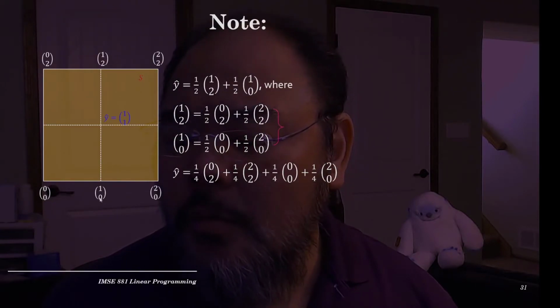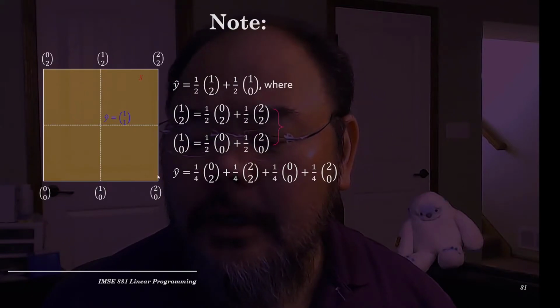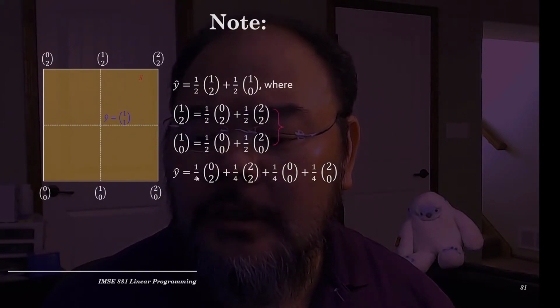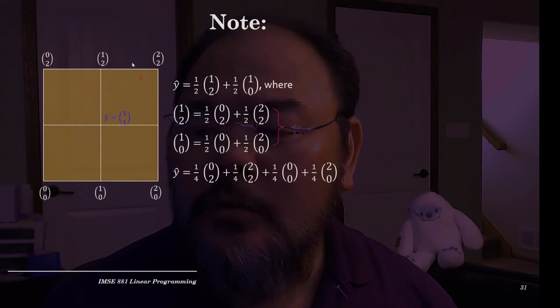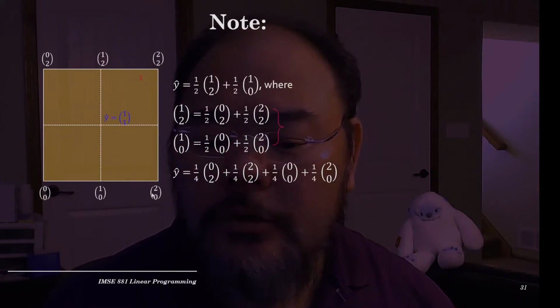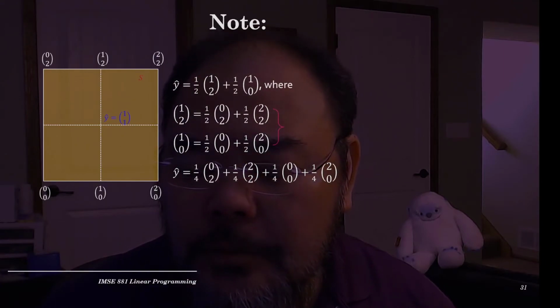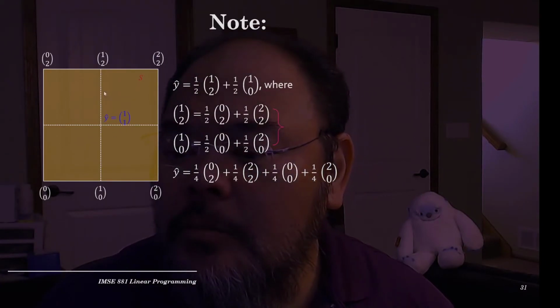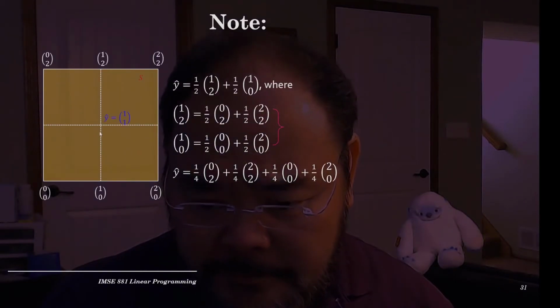Same thing, (1, 0) can be represented as a convex combination of (0, 0) and (2, 0). Combining these together, y hat can be represented as 1/4 of (0, 2), 1/4 of (2, 2), 1/4 of (0, 0), and 1/4 of (2, 0). So we can always use the extreme points to represent any point within the region defined by these extreme points.